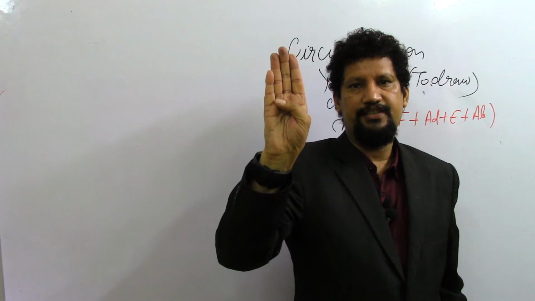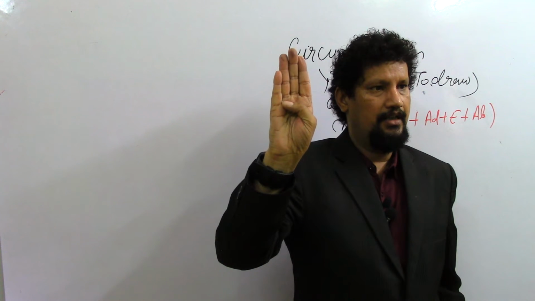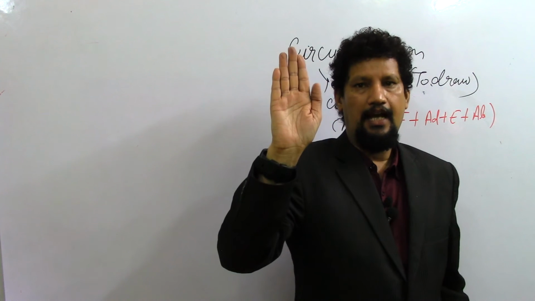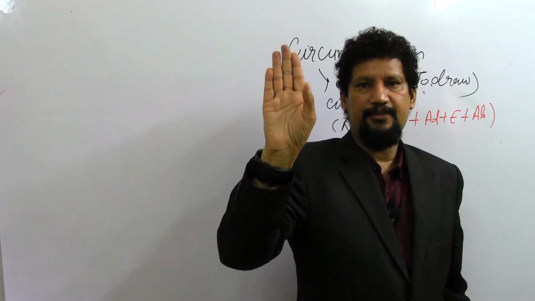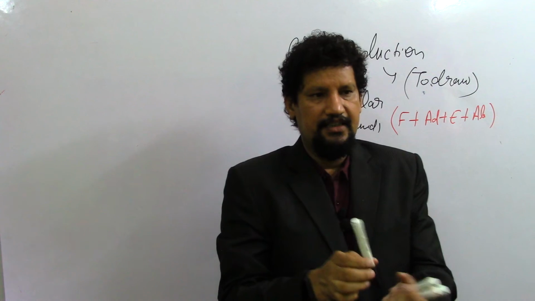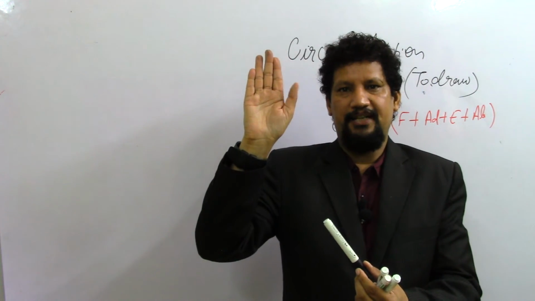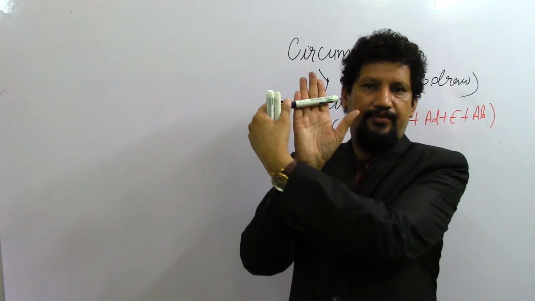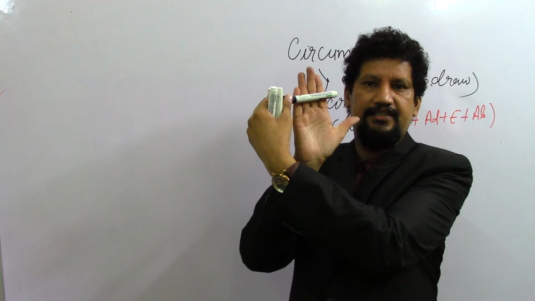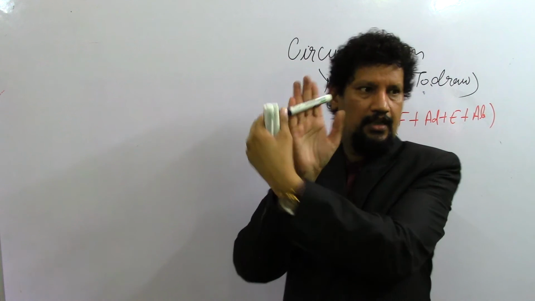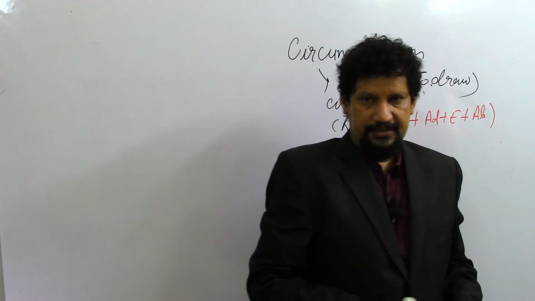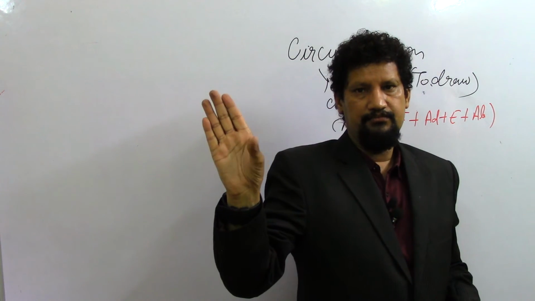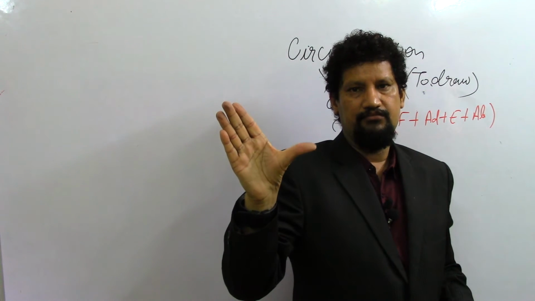The plane of adduction and abduction is this plane, and the plane of flexion and extension is this one, perpendicular to each other. So in case of the thumb, this movement is circumduction.